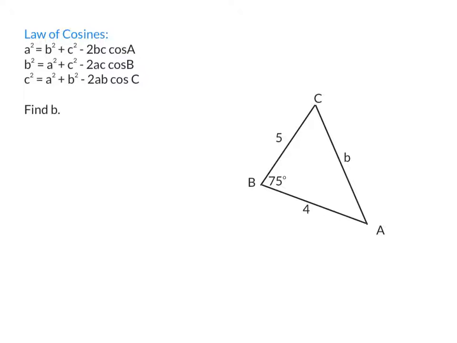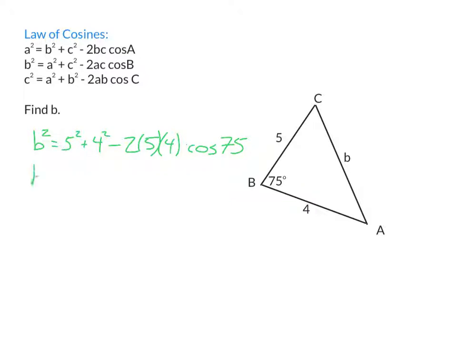And basically how law of cosines works, we want to find B, so it's B squared equals, we find the other two sides, so that's 5 squared plus 4 squared minus 2 times those sides times the cosine of the angle between them, that's 75.